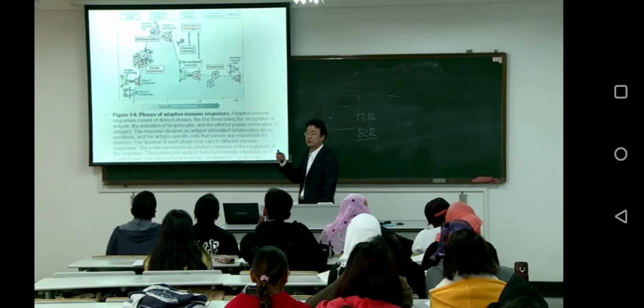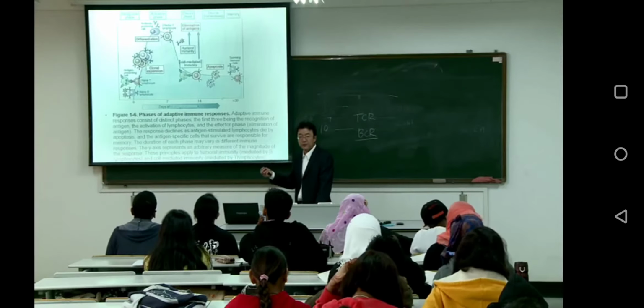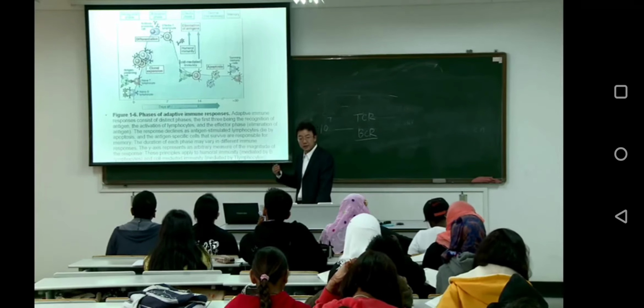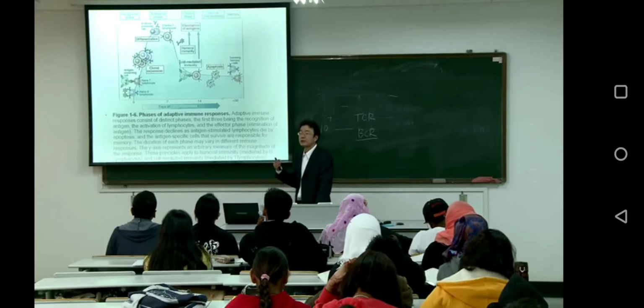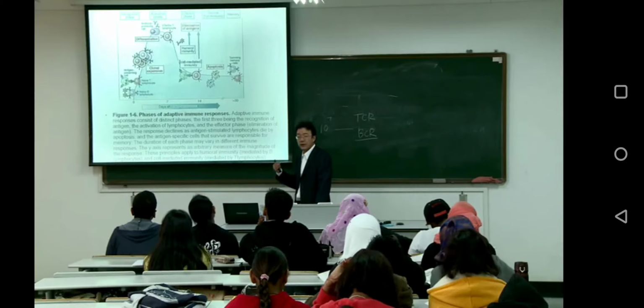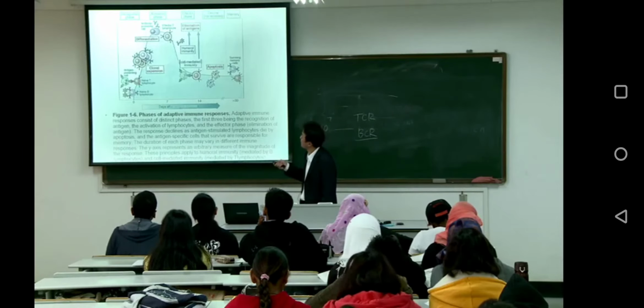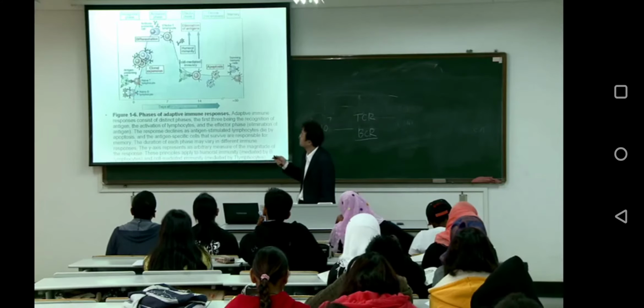T cell differentiates into either Th1 or Th2. Th2 means T helper cell type 2, which helps B lymphocyte produce antibody.